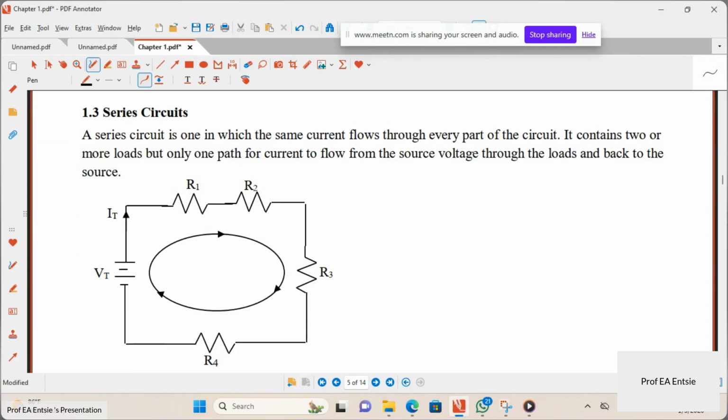What is a series circuit? If we have a circuit and the current flow in each of the circuit elements is the same, then that circuit is called a series circuit.